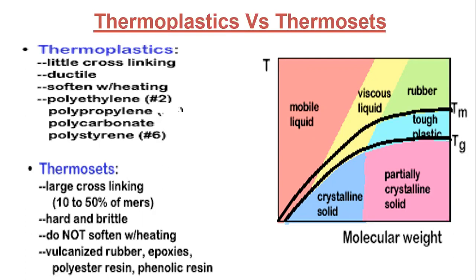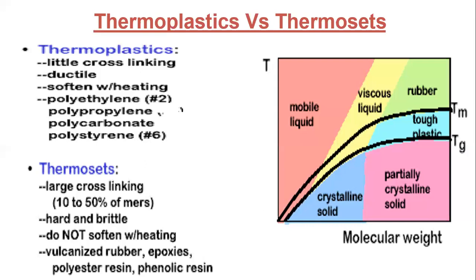Next, coming to the thermosetting resins, they have very large cross-linking structures. Up to 10 to 50% of the polymer can obtain this cross-linking structure. Second one is hard and brittle. So the basic properties are hard and brittle in nature. And third one is that it does not soften on heating.